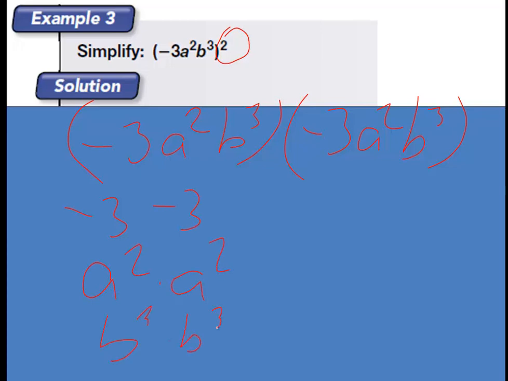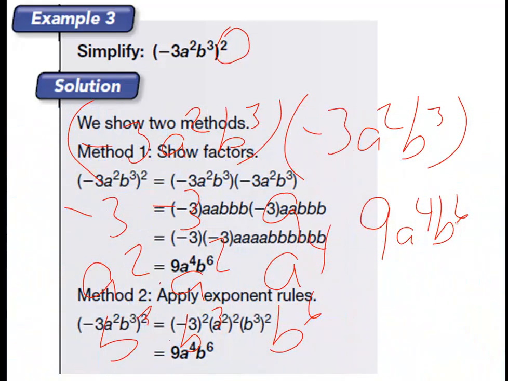So we're going to get 9, a to the fourth, and b to the sixth. So our answer is 9, a to the fourth, b to the sixth. Can you see that? Hopefully you can. You've been doing this all along. We're just throwing in more variables and exponents.